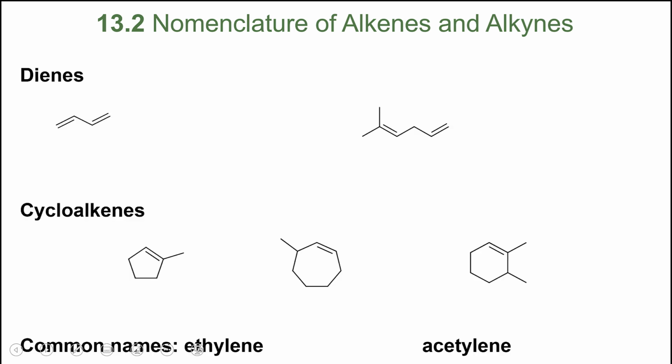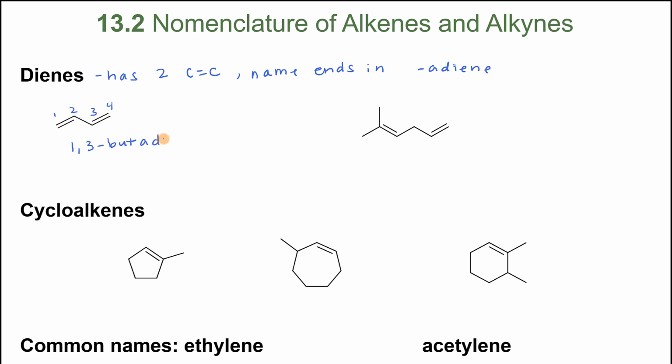Dienes have 2 double bonds, and the name ends in -diene. So this one has 2 double bonds, at 1 and 3. There's 4 carbons total, so this will be 1,3-butadiene. But is for 4.